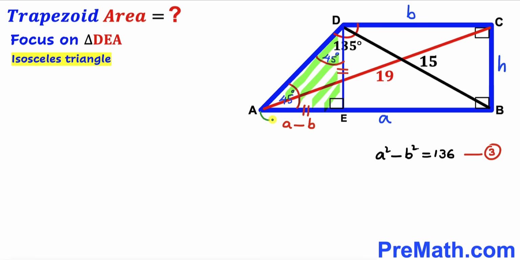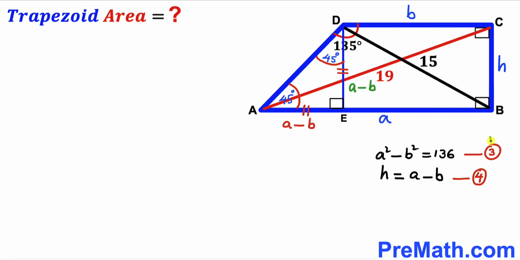And since this segment AE length is a minus b, this DE length has got to be a minus b as well. We can see that this DE length is the same as this height lowercase h. So we can conclude that h is equal to a minus b. So I can write h equals a minus b, and I'm going to label this as our equation number 4.